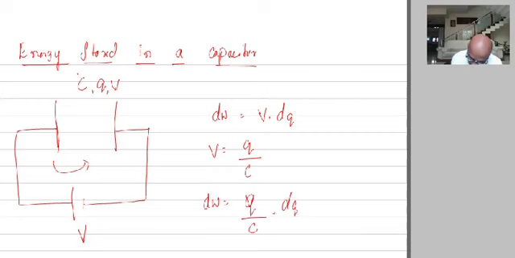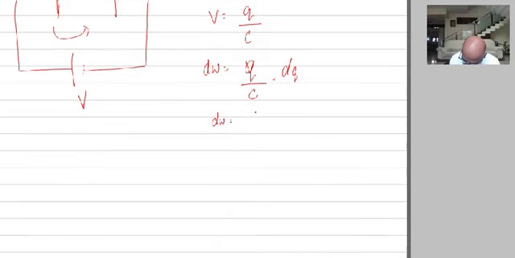I can write this dW as 1 divided by C into Q into dQ. Remember, dW is the work done in transferring a charge dQ from one plate to the other plate, and the work done by the battery, dW, will be stored in the capacitor as energy.